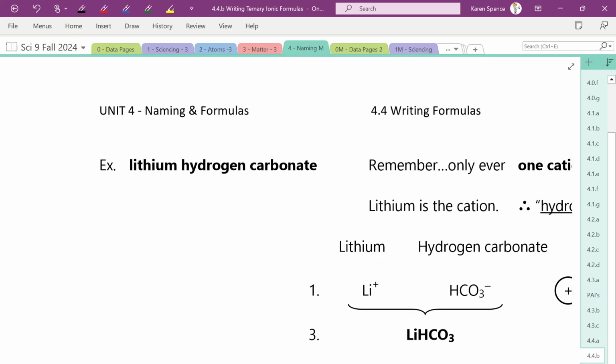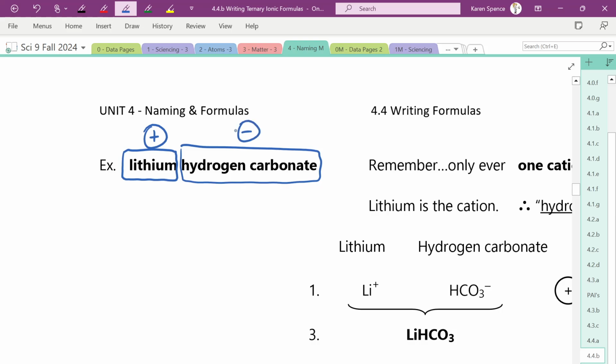Lithium hydrogen carbonate. Oh my gosh. There's 3 names. Oh no, what do I do? Remember, this first one is going to be your positive ion, and the second one is going to be all the negative ion. Lithium is +1.